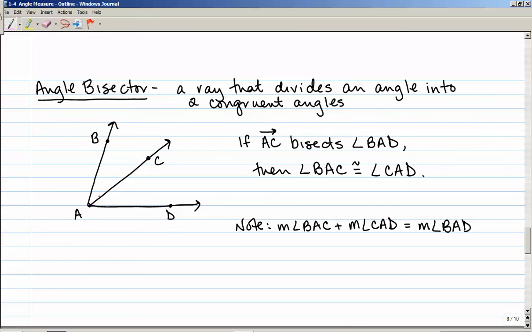So if this ray AC is an angle bisector, if it's bisecting big angle BAD, then angle BAC is congruent to angle CAD. And that's how we would mark it. You'll also notice that it's kind of like the betweenness of points that we had, that the measure of angle BAC plus the measure of angle CAD is equal to the measure of angle BAD. So the two little angles add up to the big angle.